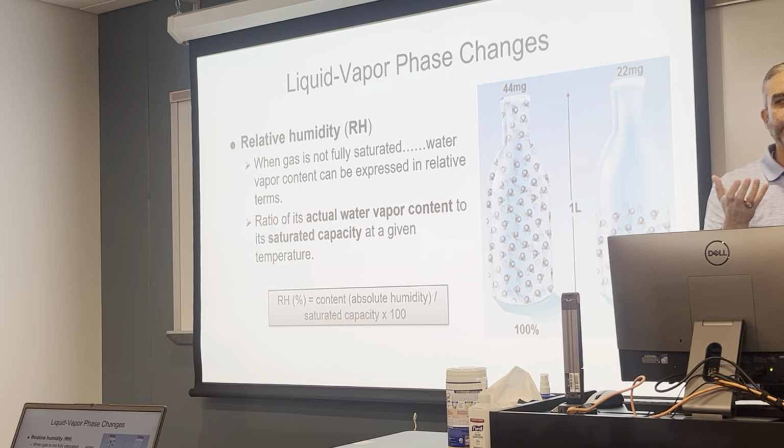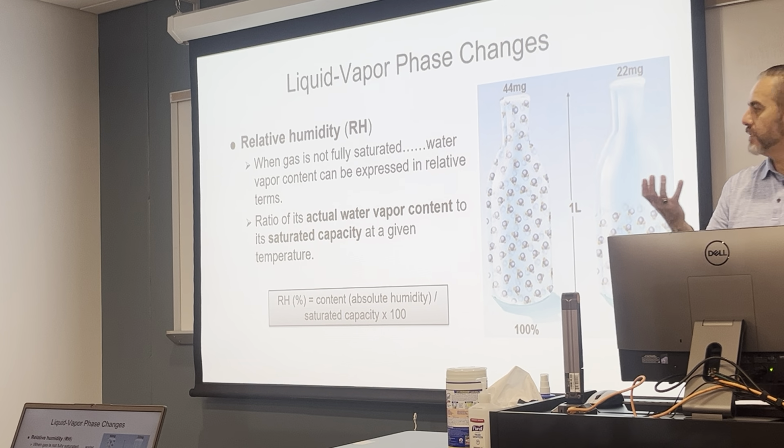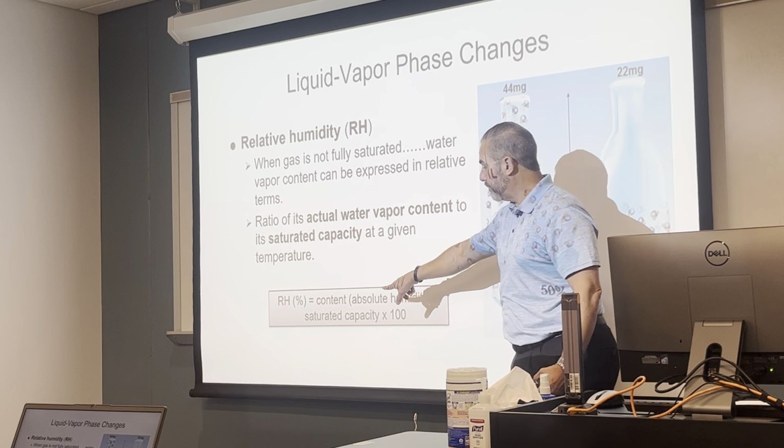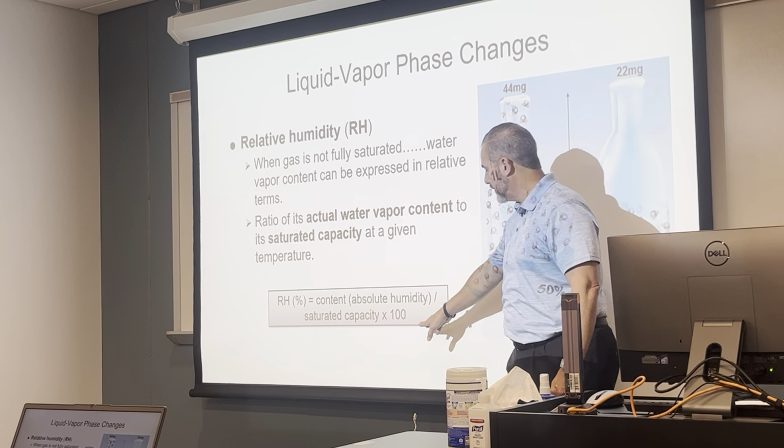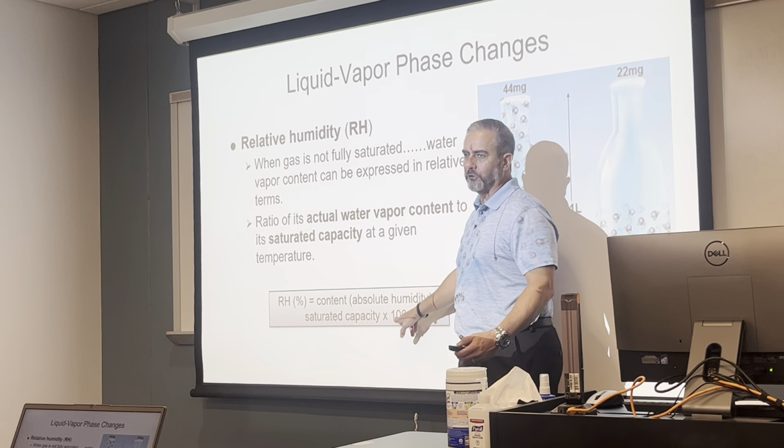It's based on how much it's holding versus how much it was capable of holding. So it's taking the absolute humidity and dividing it by its saturated capacity, times 100, just to make it look right on your calculator.